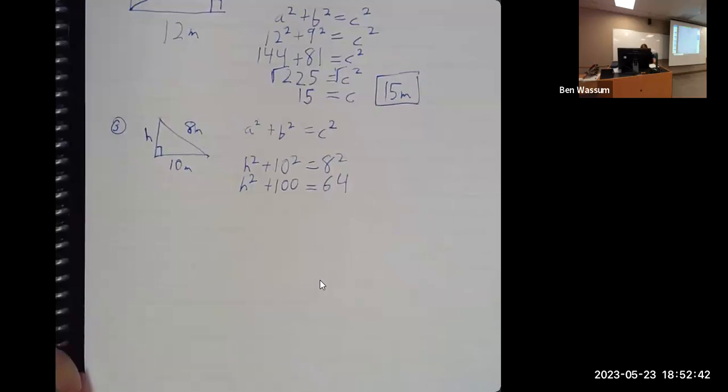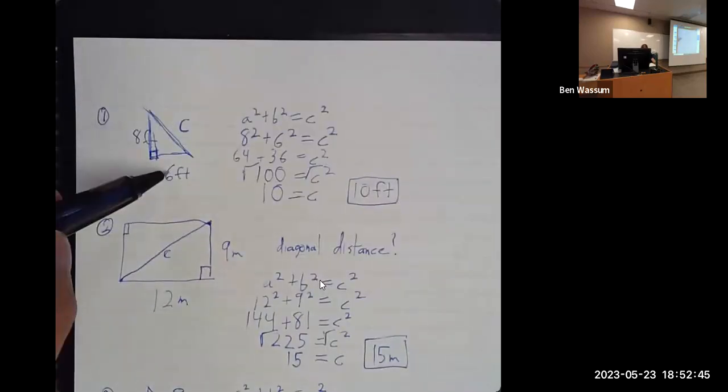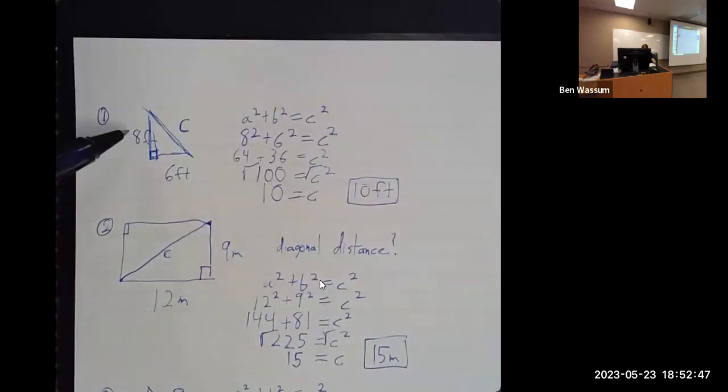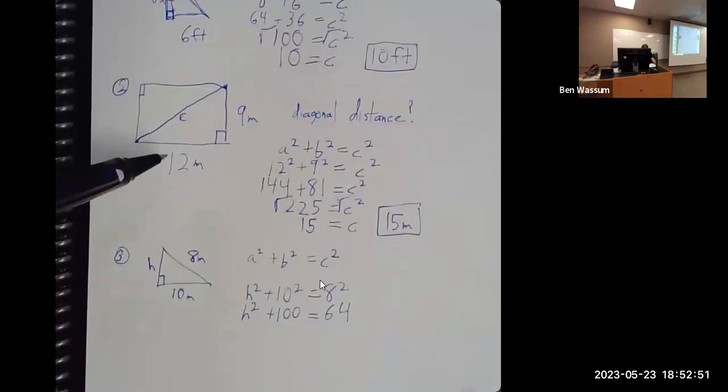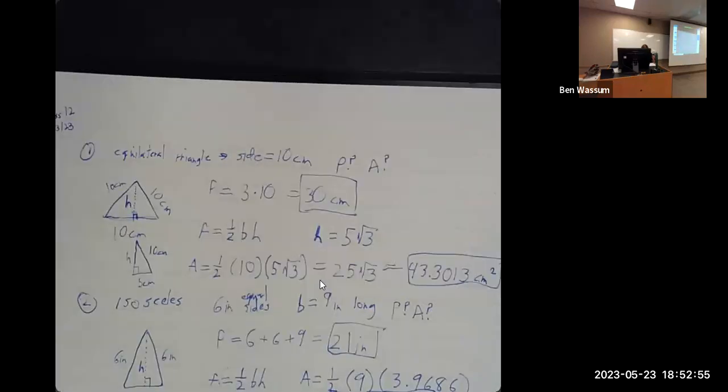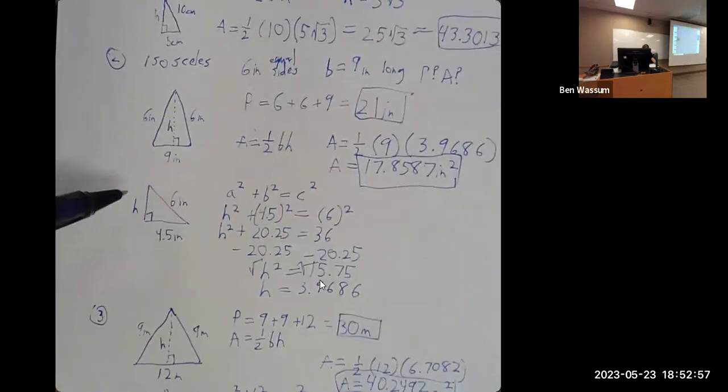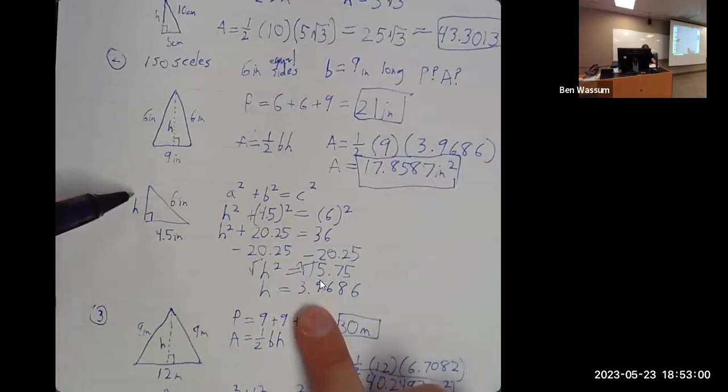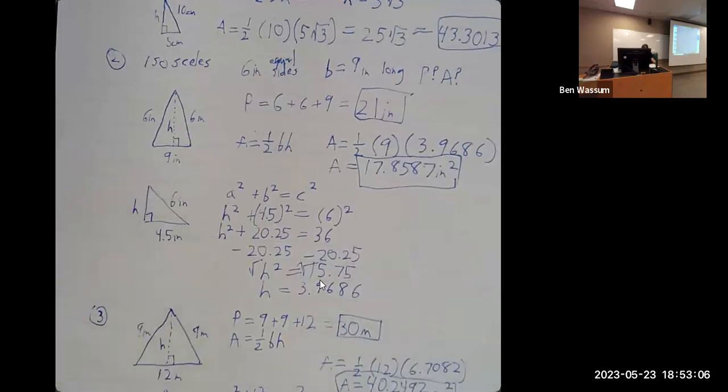You could actually see that happen on all of these problems so far. We had 6 and 8 for our legs, so we ended up with 10. We had 12 and 9, so we ended up with 15. I mean, even these awkward little ones where we solved for the h earlier, we ended up with around 4, so it was still smaller.